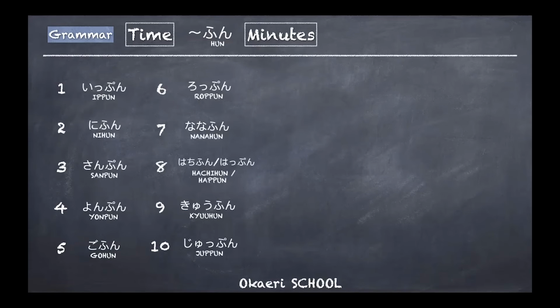So let's go. 1 minute, 1分, 2 minutes, 2分, 3 minutes, 3分, 4 minutes, 4分, 5 minutes, 5分, 6 minutes, 6分, 7 minutes, 7分, 8 minutes, 8分 or 8分, both ways, 9 minutes, 9分, 10 minutes, 10分.